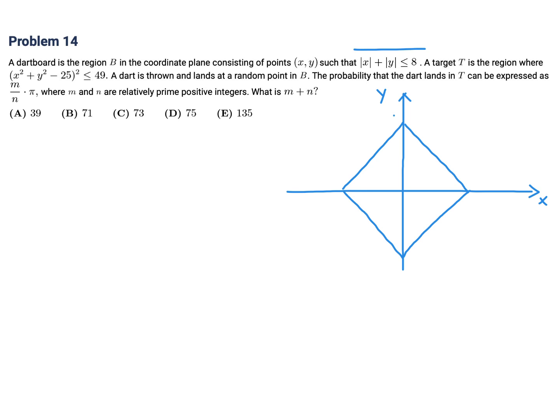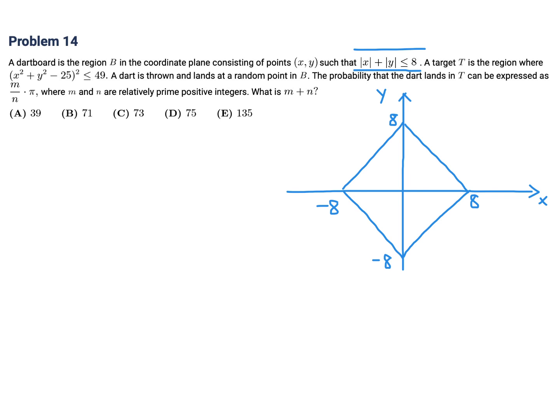Where this is 8 up here, this is minus 8, this is 8, and this is minus 8. And the region in the middle represents that inequality. So that takes care of that. That's the dartboard.